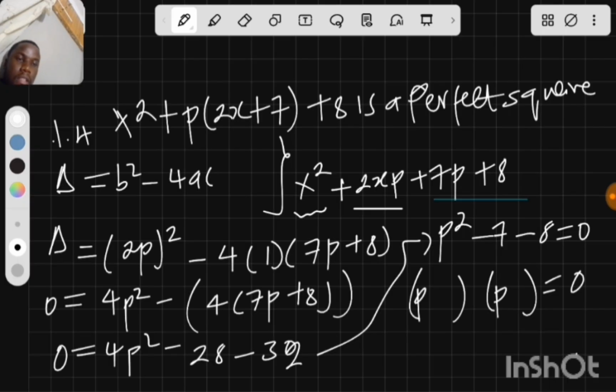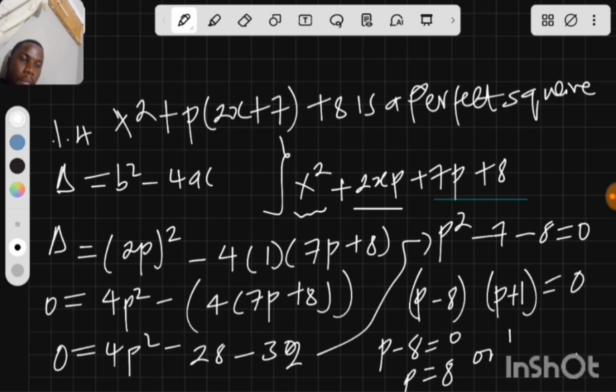The factors of 8 are 8 times 1 or 4 times 2, but we are looking at minus 7, so I'm going to have 1 and minus 8, because 1 minus 8 gives you negative 7. Then p minus 8 equals 0, so p is equal to 8. Or p plus 1 equals 0, then p is equal to negative 1.